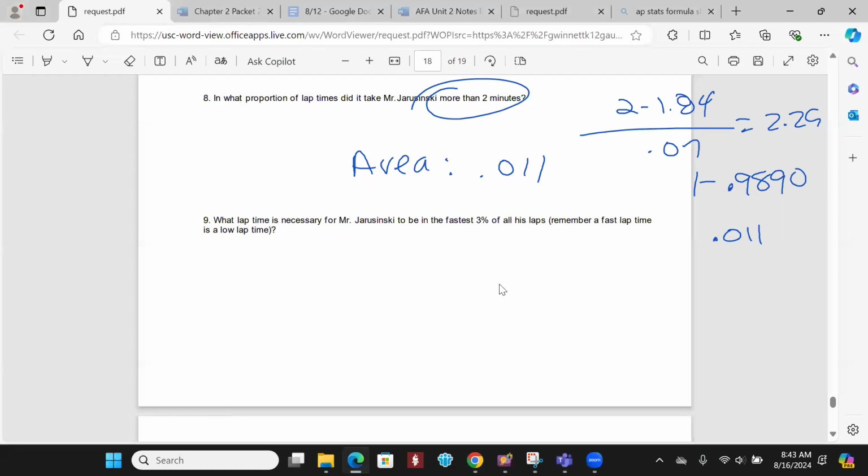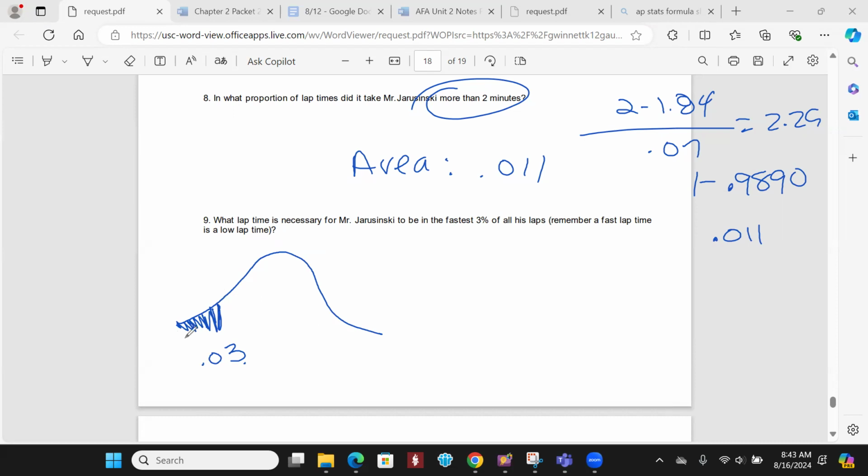All right. Last one. It asks about the fastest 3%. So what this is asking for, my visual people, is we want less amount of time, right?